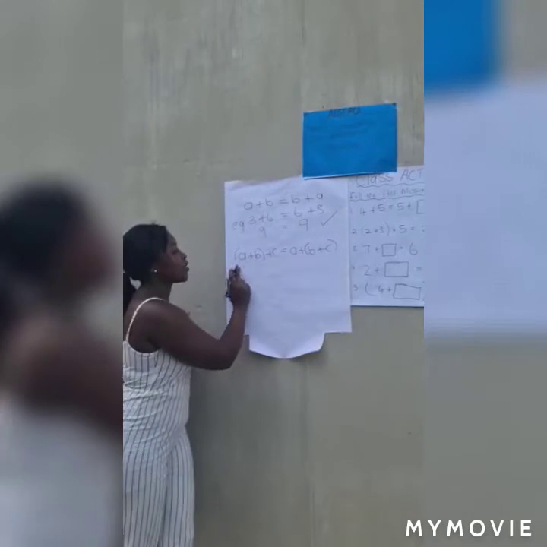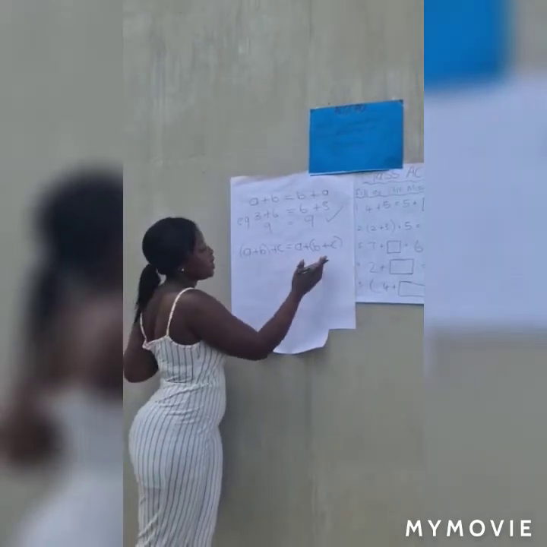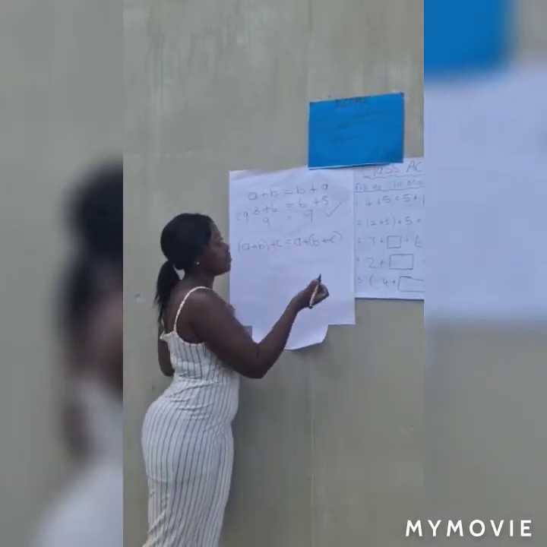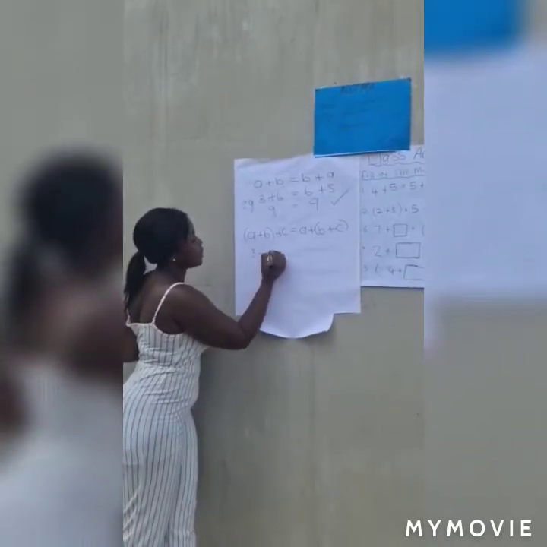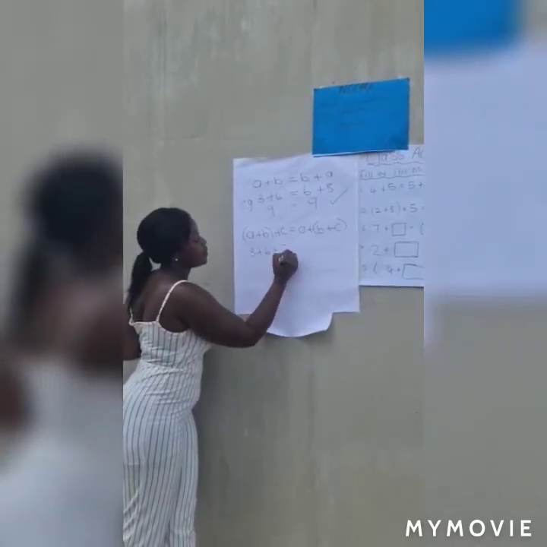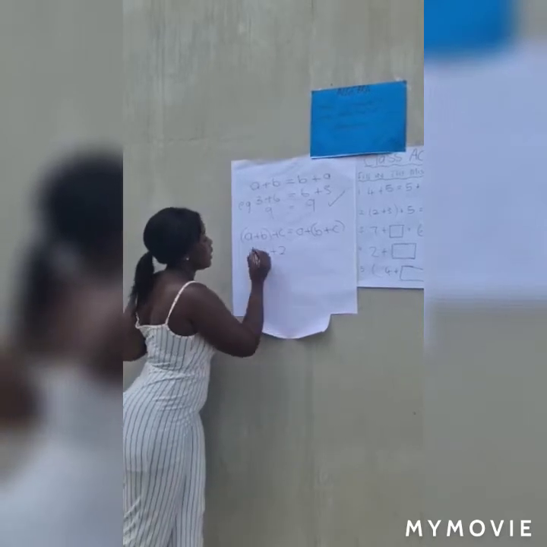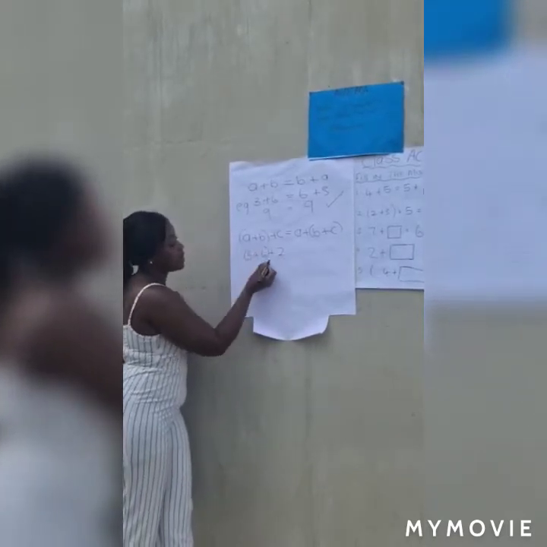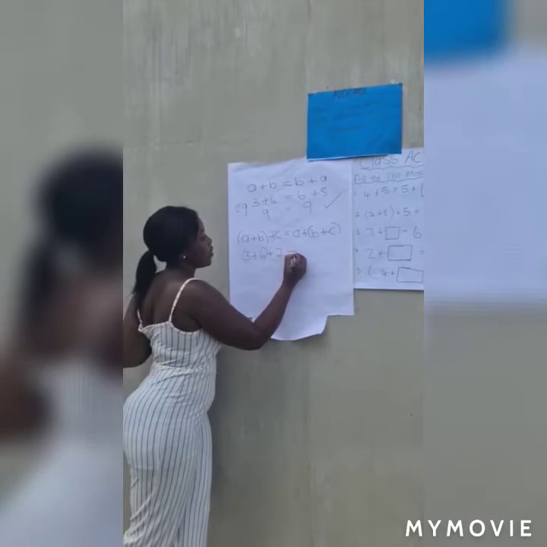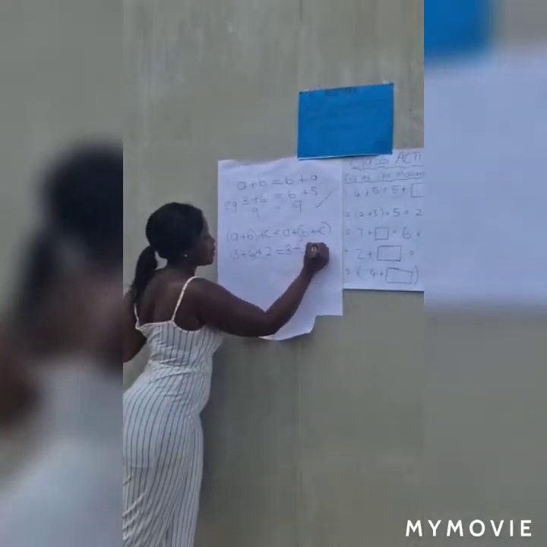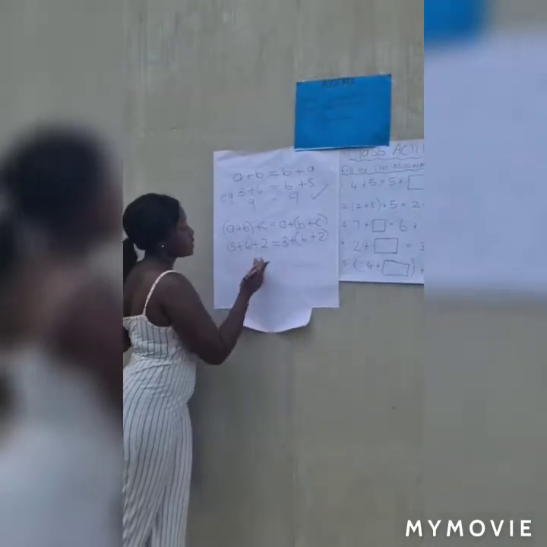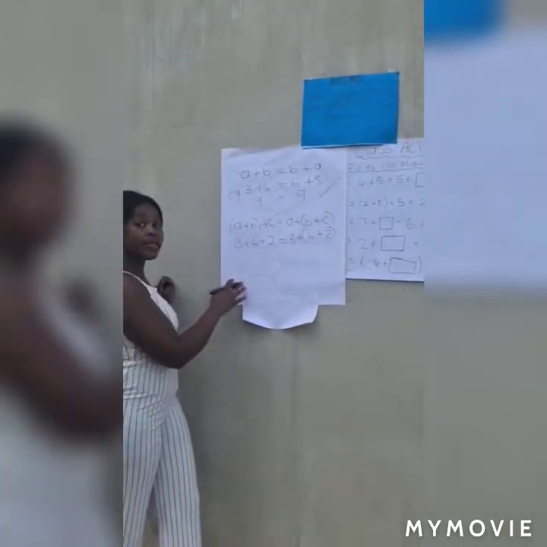The numbers are not grouped the same, but it's still the same thing. For example, (3 plus 6) plus 2 can be equal to 3 plus (6 plus 2). It's still the same as long as you are adding.